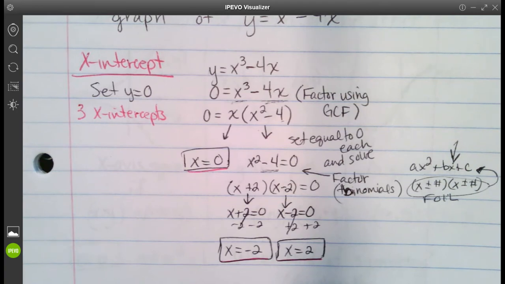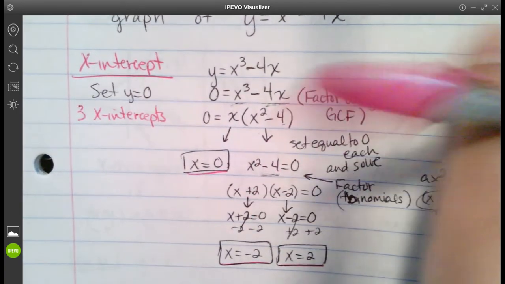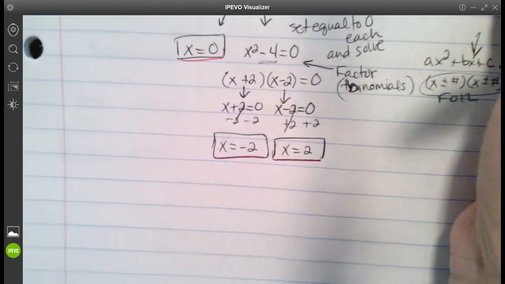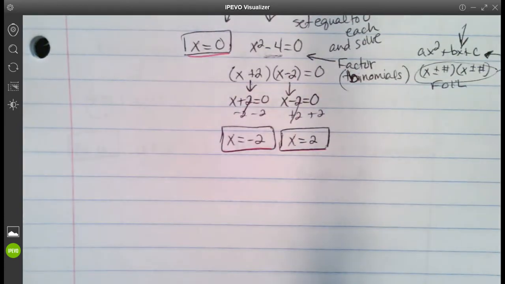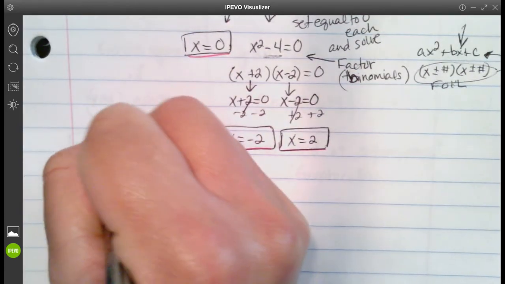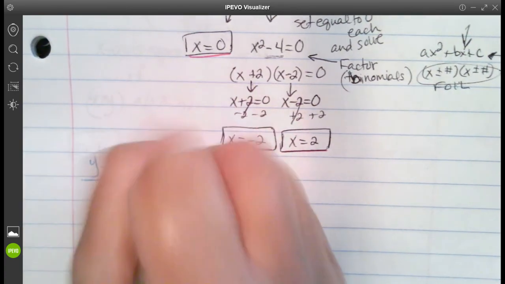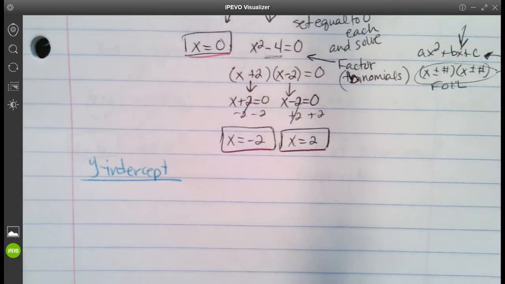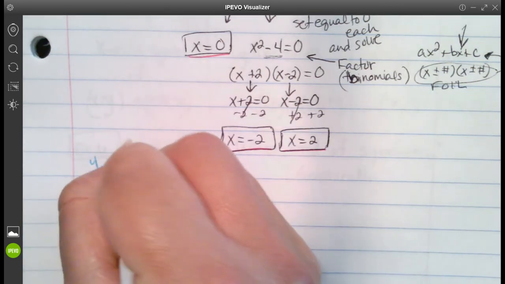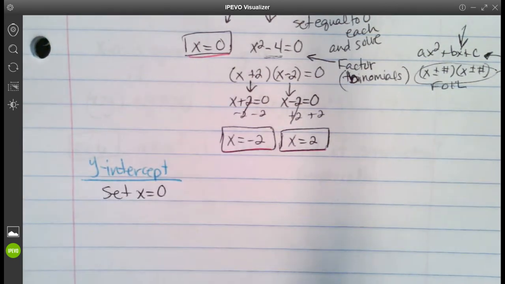Okay, we're going to go ahead and find the y-intercept now. That one will be quite a bit faster actually. So now we're going to find the y-intercept. And to do that, we set the opposite equal to 0. So we're going to set x equal to 0 now.